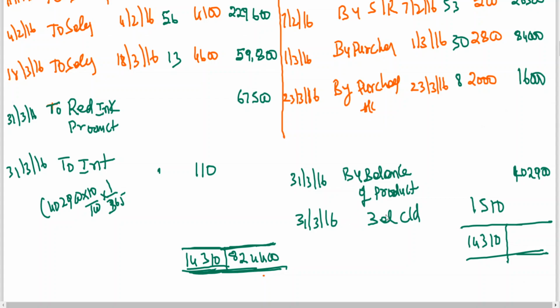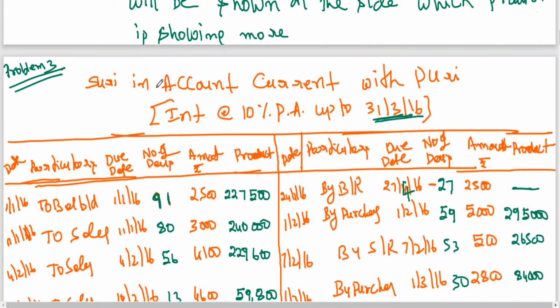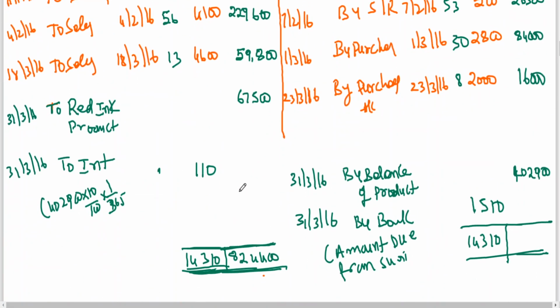That means Suri has to make a payment of 1,510 that has been received by bank. Amount due from Suri. How are you saying amount due from Suri? Because it's Suri's account; we are opening Suri's account current. Suri account debit side showing more means Suri needs to make a payment. Amount due from Suri, received by check.